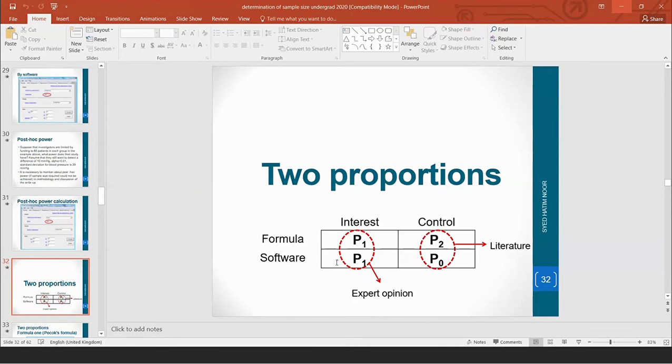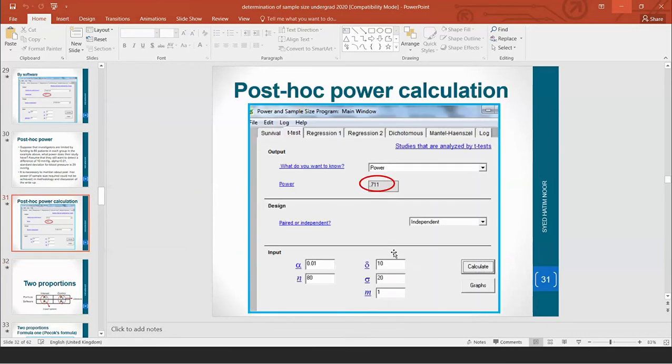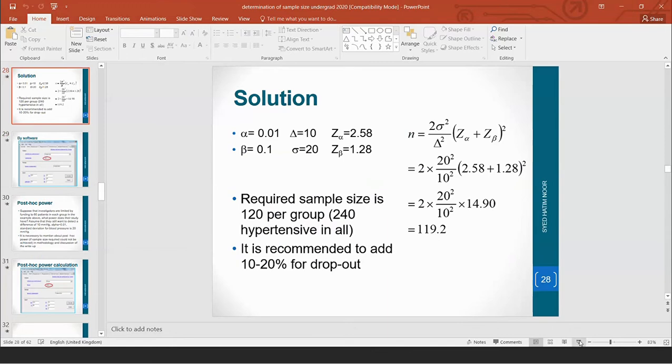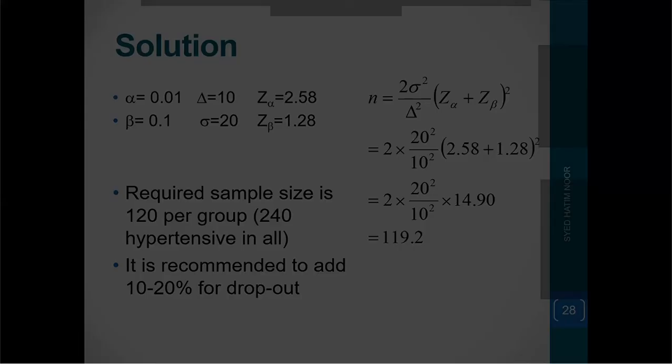So you want to overcome this. When you calculate sample size, we add the dropout rate or non-response rate.